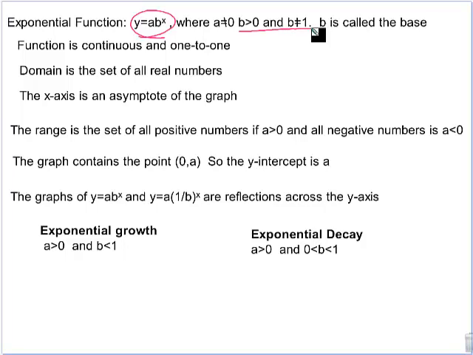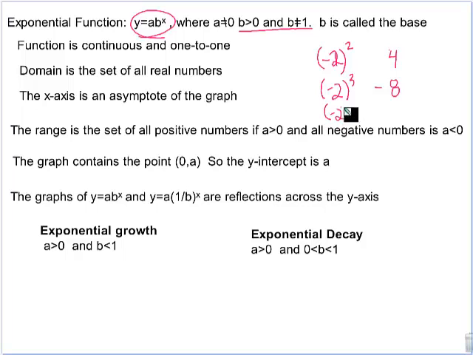What would happen if b were less than 0? If b were a negative number? What happens when we take negative numbers to exponents? Like, let's use negative 2. What's negative 2 squared? 4. What's negative 2 to the third? Negative 8.